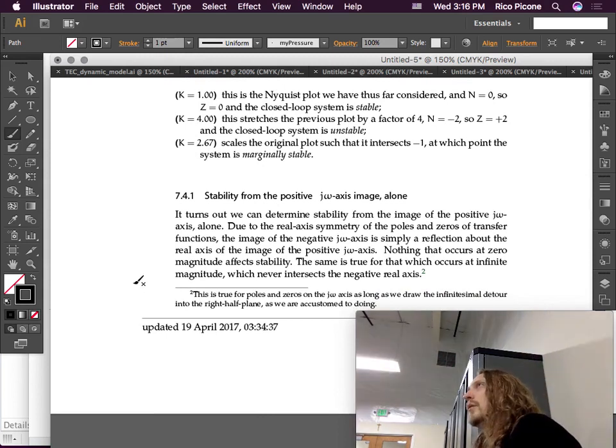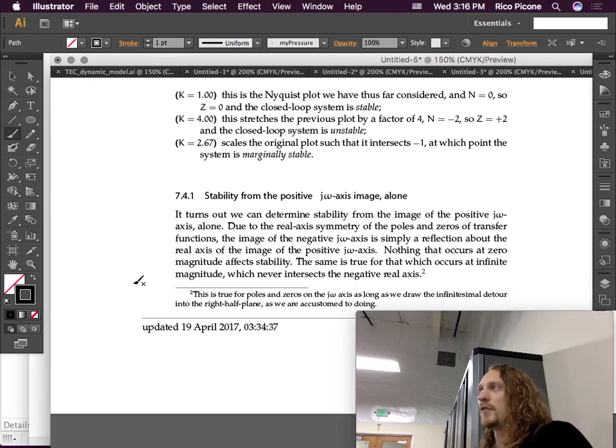So we can get away with just working with a positive j omega axis. The Nyquist plots that you get in MATLAB or Mathematica are usually of the plus and the minus j omega axes, and they just ignore everything that happens at infinity and that happens at 0.